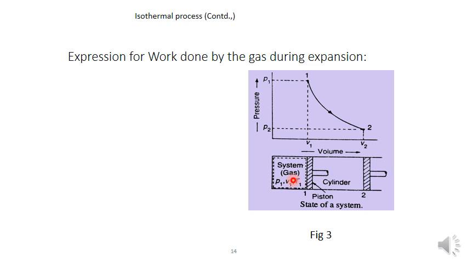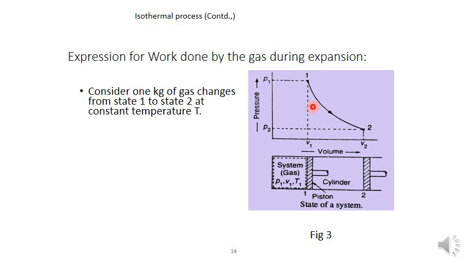So the pressure is inversely proportional to the volume. This is the graph representation. This is a curve, and the area under the curve is in a rectangular hyperbolic shape. So that's why it is called a rectangular hyperbolic process, or an isothermal process, or a constant temperature process.